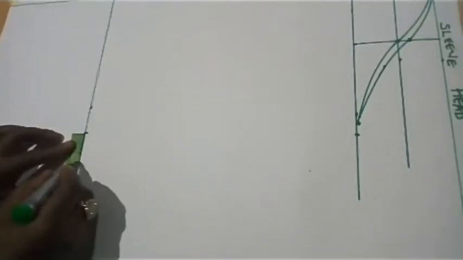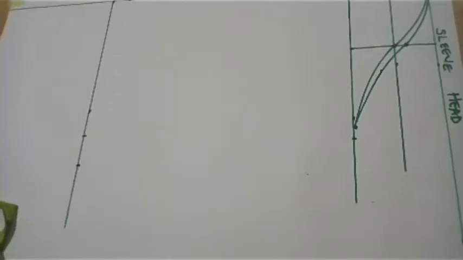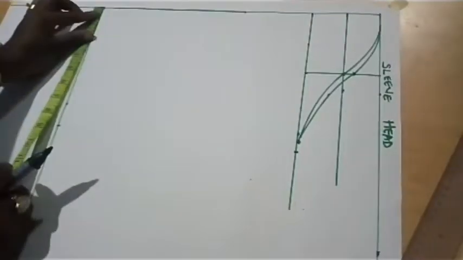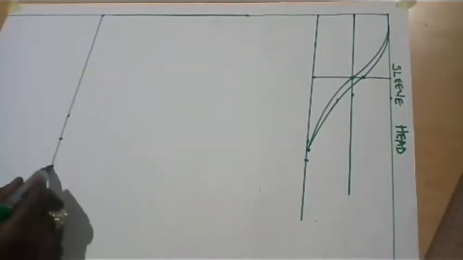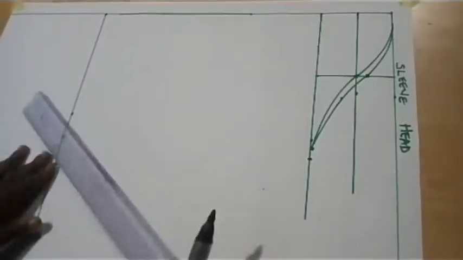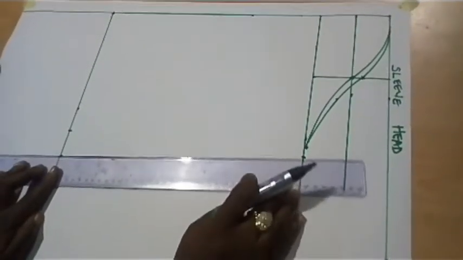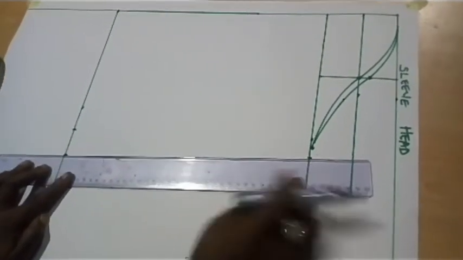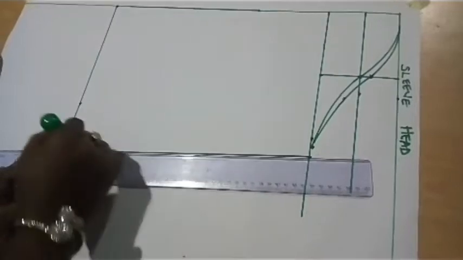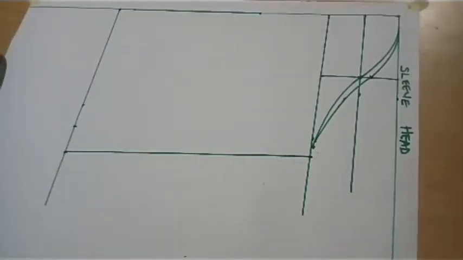So because it's not too gathered, I'm going to add 1.5 to it. And I'm going to connect the 8.5 plus the 1.5. So at this point, I'm going to connect this point all the way to the 0.5. You can see how my sleeve is going right now.